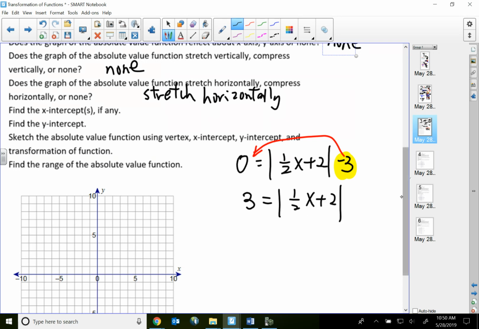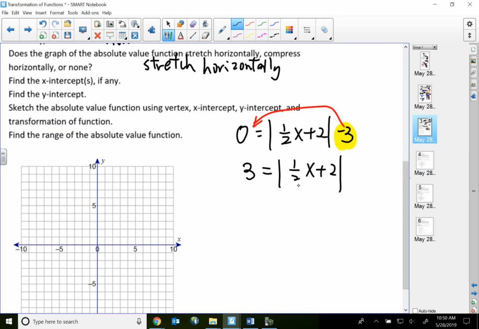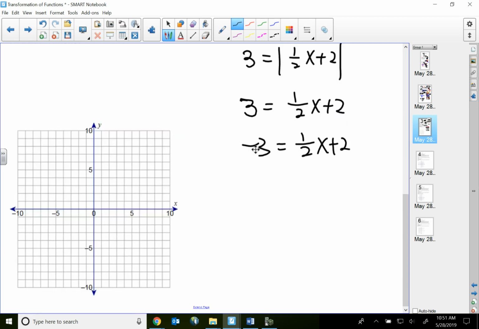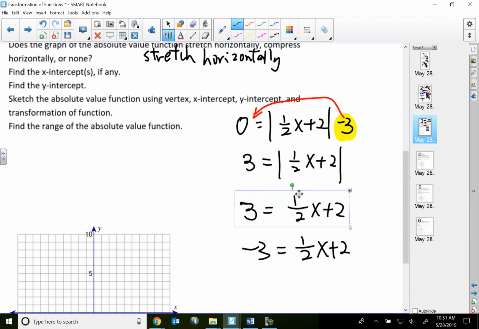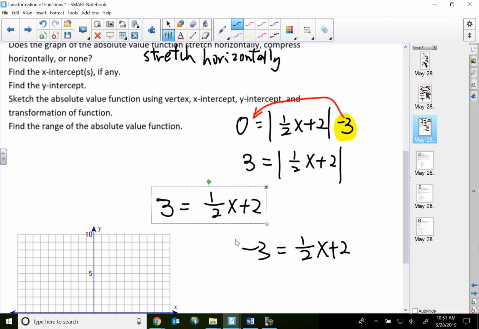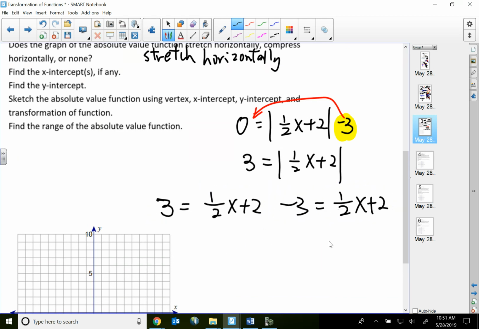Whenever we're solving absolute value equations, we set it equal to a positive 3 and a negative 3, as you can recall. So we set what's inside the absolute value equal to positive 3, and what's inside equal to negative 3. We will solve both of these equations. Let me move that down a little bit. There we go. Let's solve real quick.